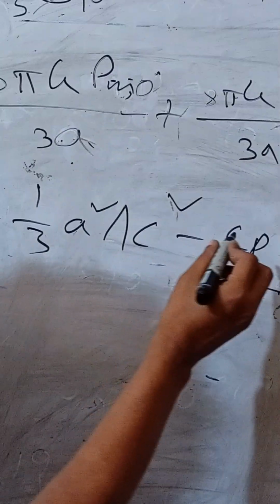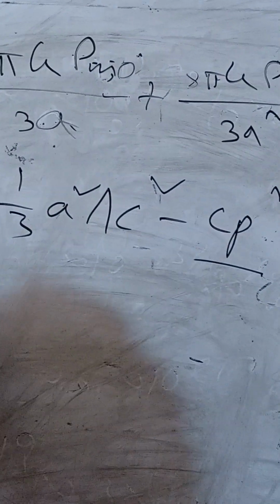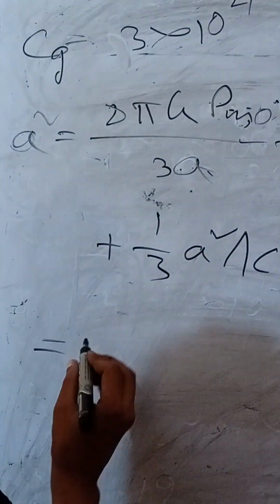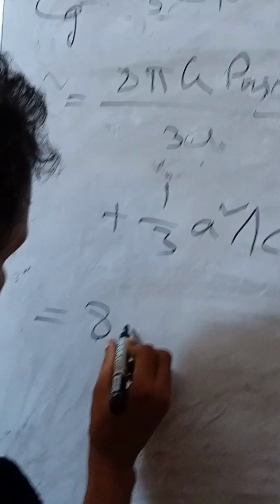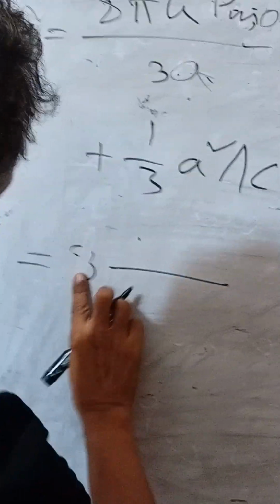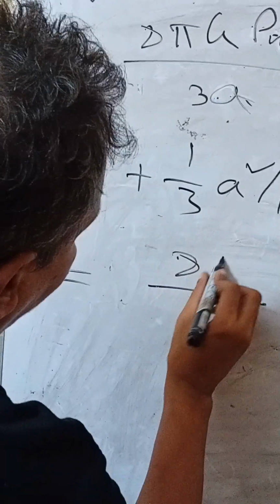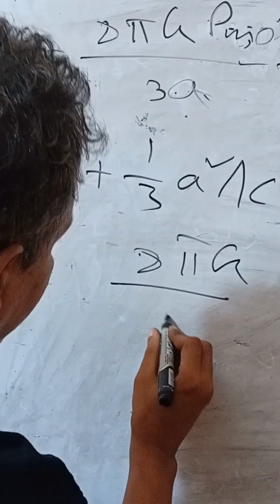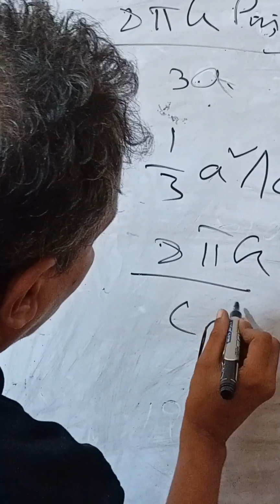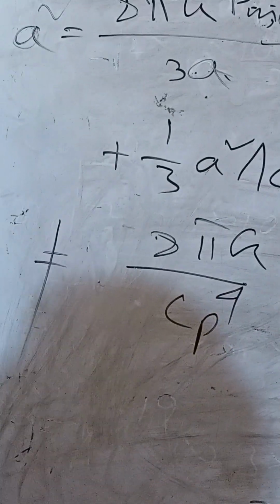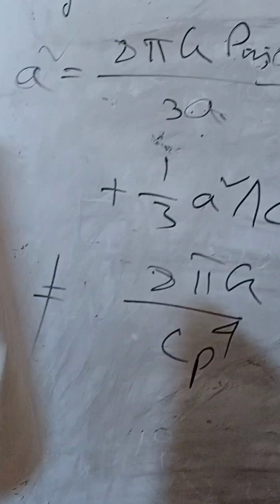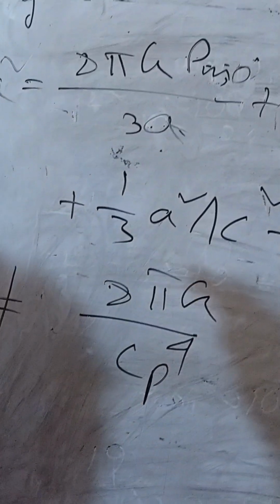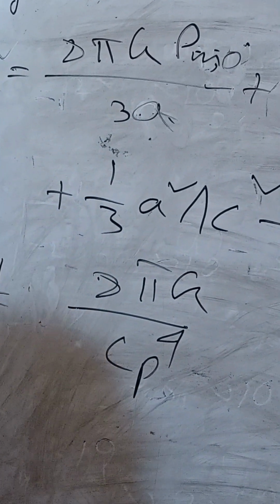must be graviton particles. So it is combining the system, general relativity 8 pi G Cp 4. It is not correct. I think it is the main mistake of Albert Einstein.